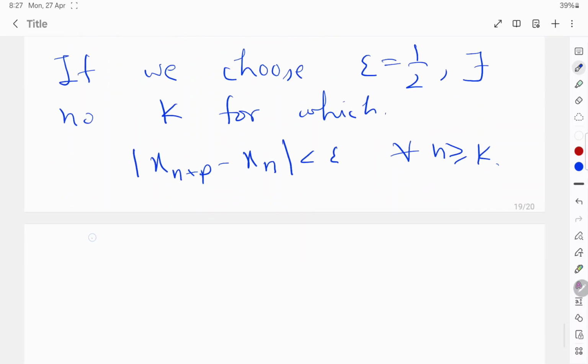So it is not Cauchy. Okay, or you can write xm minus xn also, no issue, okay? This is your choice.